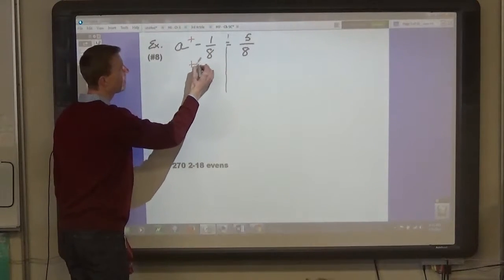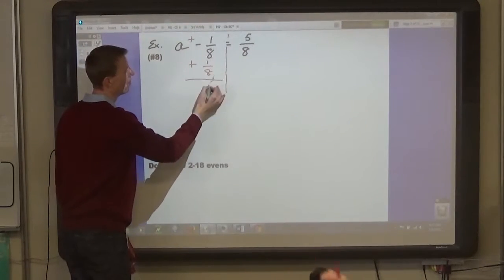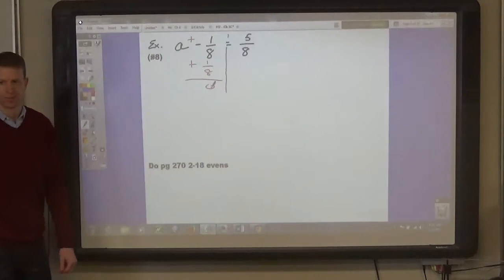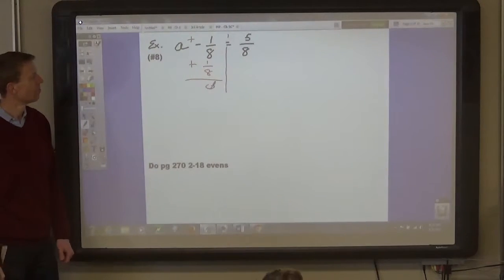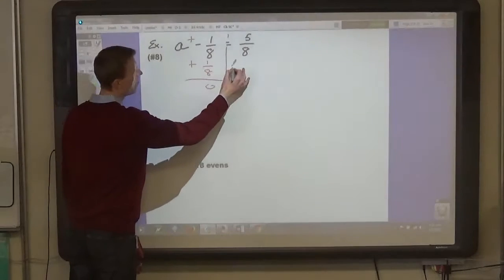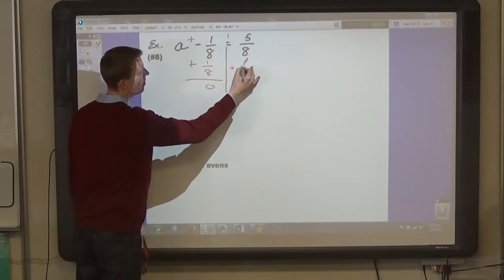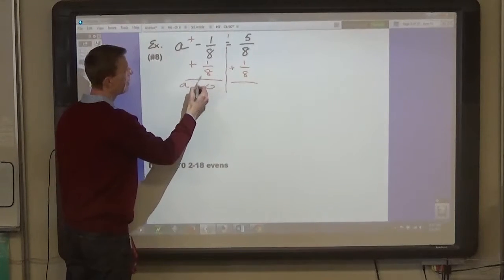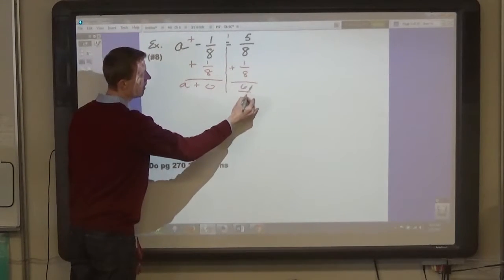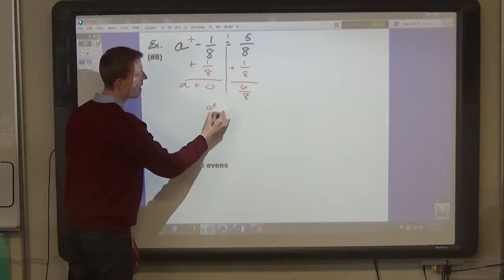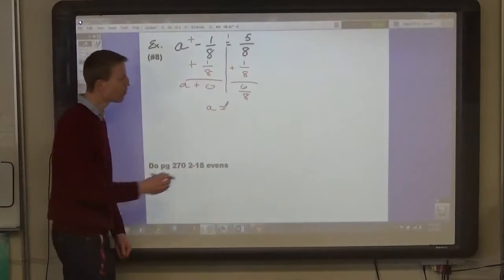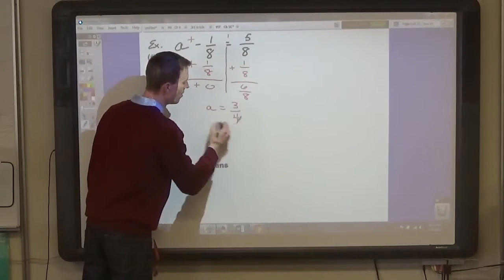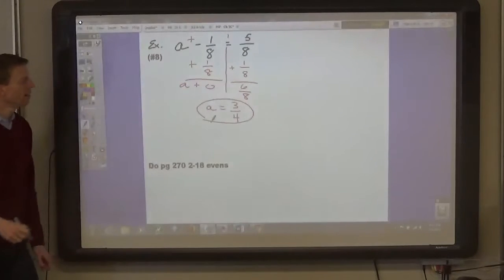We have to add positive in order to get 0. And then we have to add positive to the other side. So A plus 0 equals 6/8, which means A equals 3/4. Good. Just simplify.